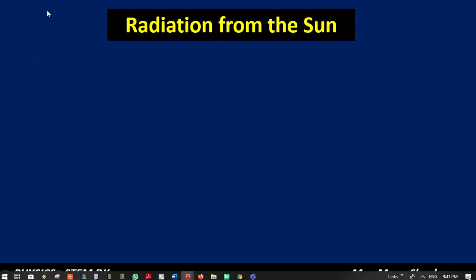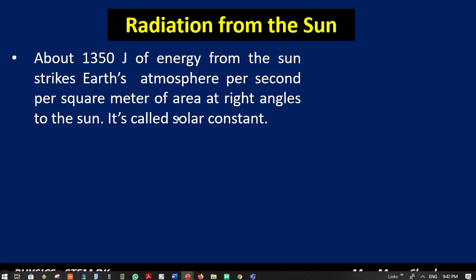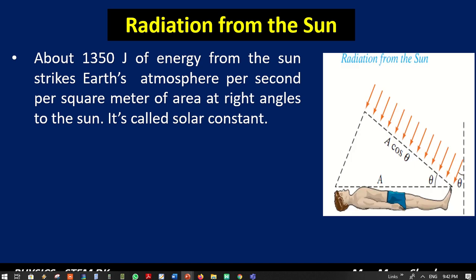Radiation emitted from the sun. The sun emits energy with a value of 1350 joules that reaches the top of the Earth's atmosphere per second per square meter of area at right angles to the sun. We call this the solar constant. But if the radiation of the sun is incident at an angle theta, we multiply the area by cosine theta.